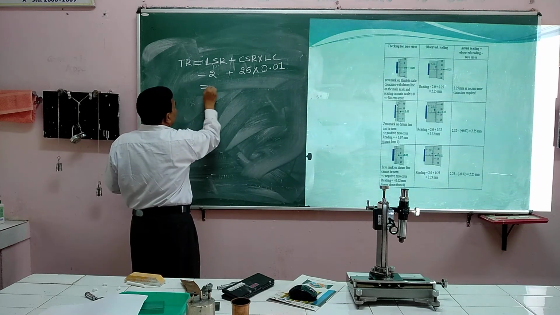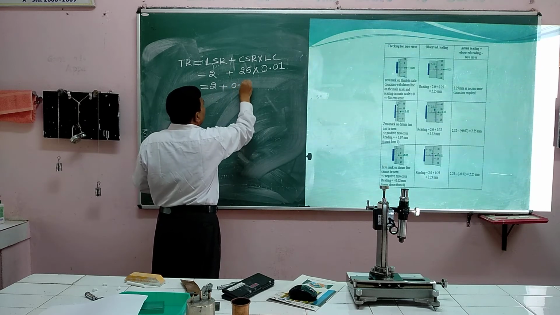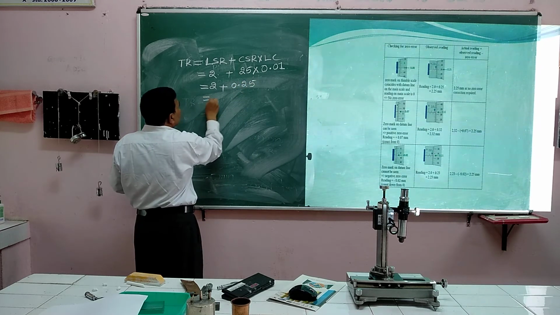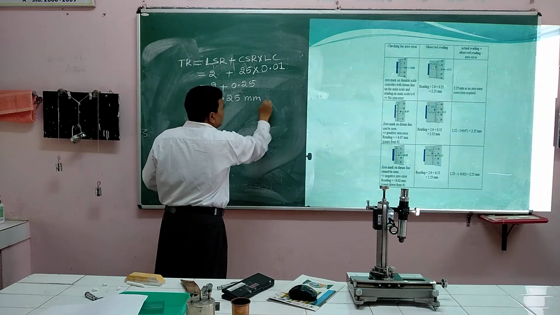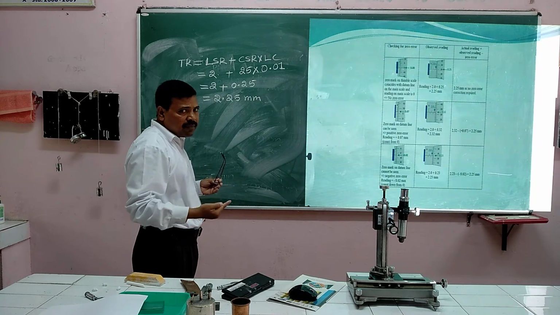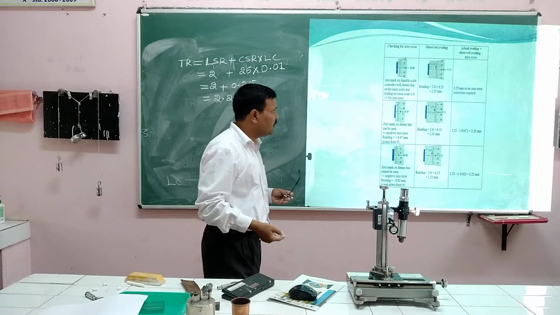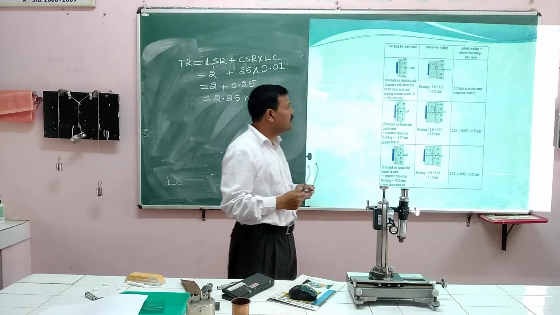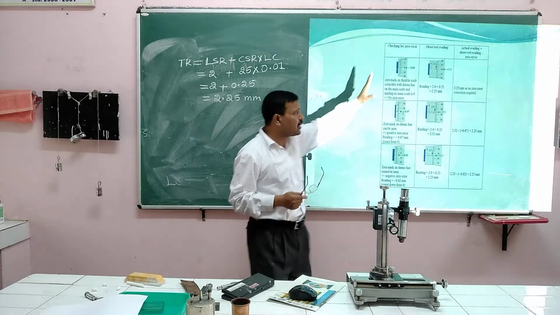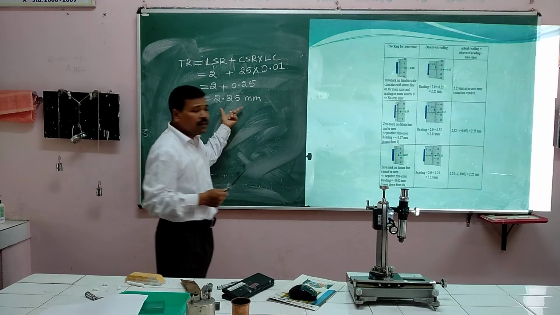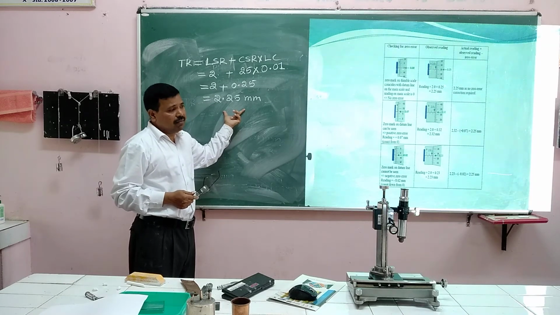So this is equal to 2 plus 0.25, which is equal to 2.25 mm. It may be the diameter of some object. Since this micrometer is free from error, here there is no subtraction or addition of error.